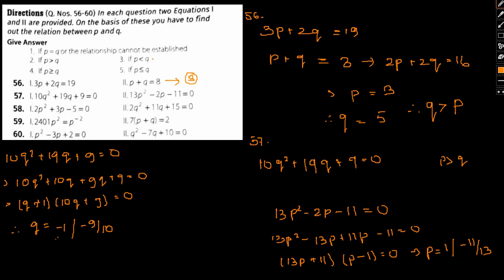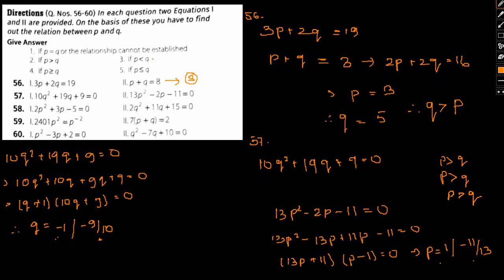If q is minus 1 and p is minus 11 by 13, again p is greater than q. If q is minus 9 by 10 and p is 1, again p is greater than q.